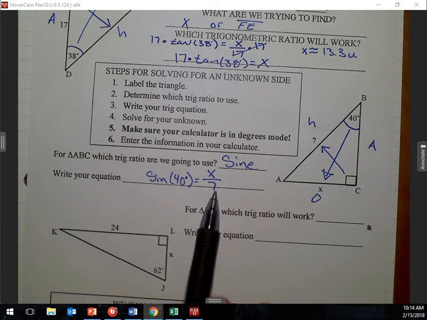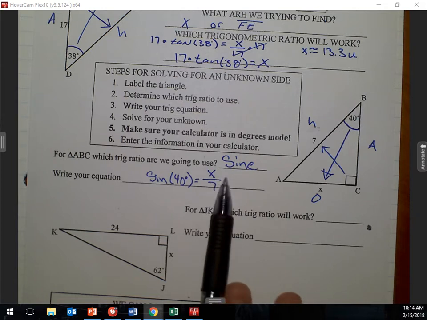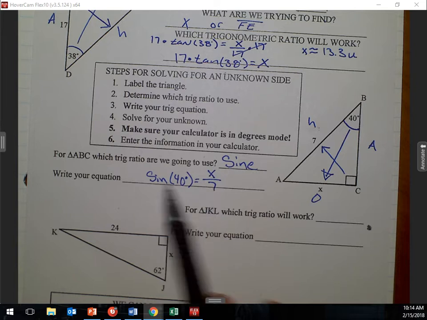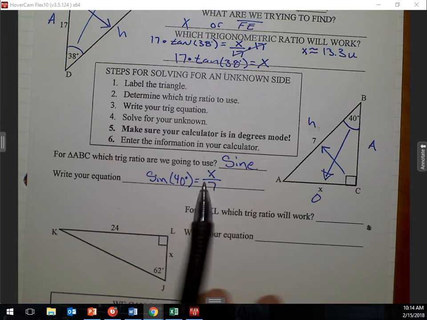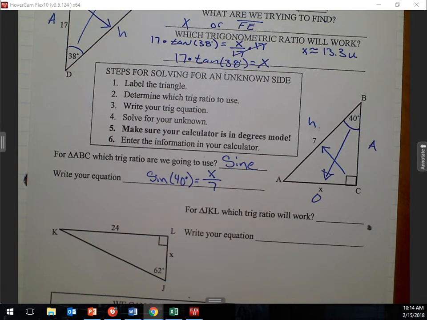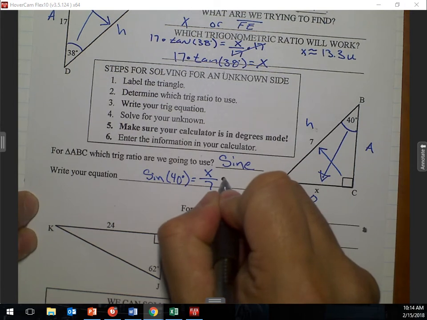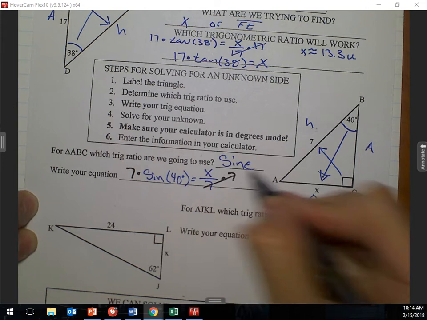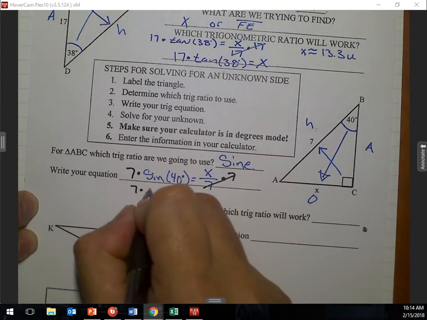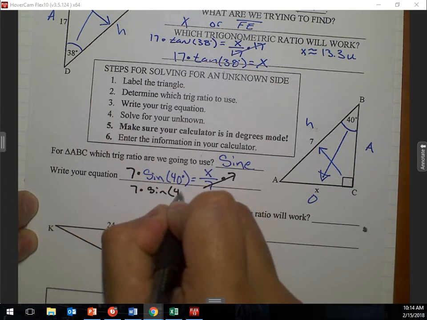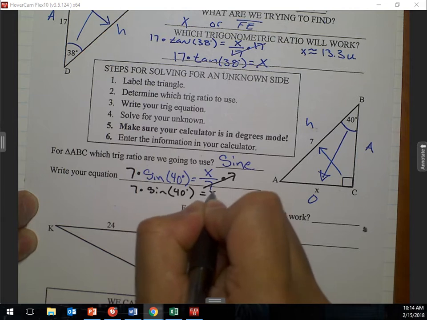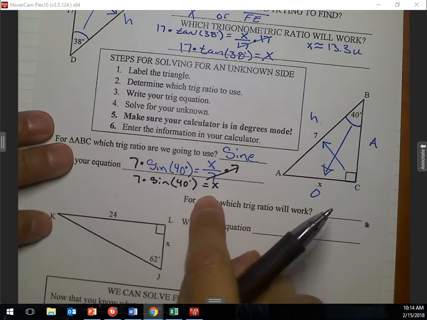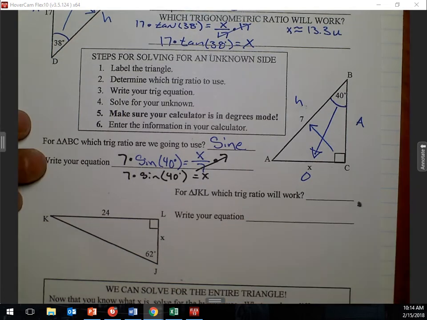All right, so this is set up. We're trying to solve for my variable. I have my variable right here, and it's over 7. I need to get the variable by itself, so I'm going to multiply both sides by 7. Very good. Multiply by 7. The 7's over here will cancel, so I get 7 times sine of 40 degrees is equal to x. Is my variable by itself now? Now I can enter it into the calculator.